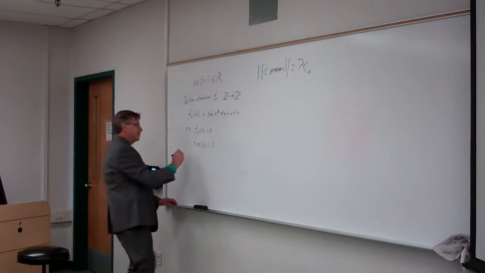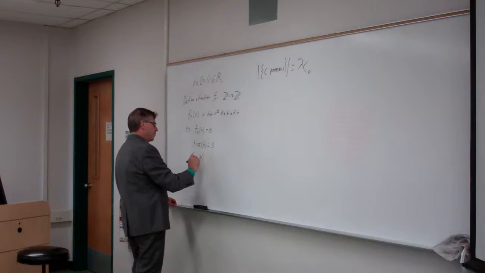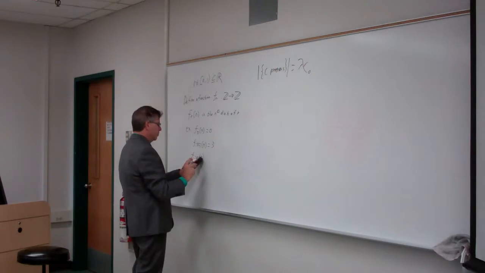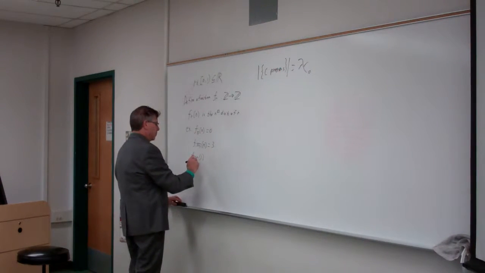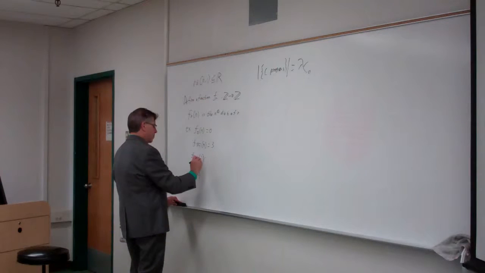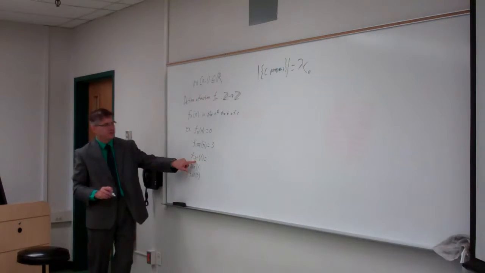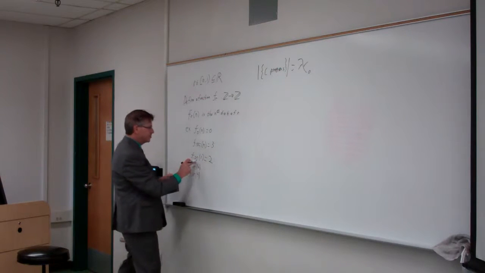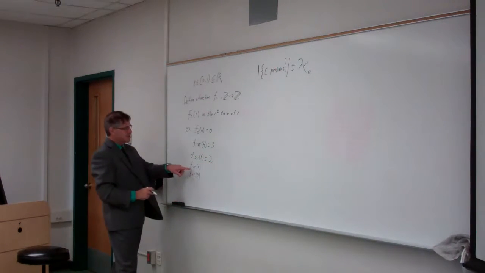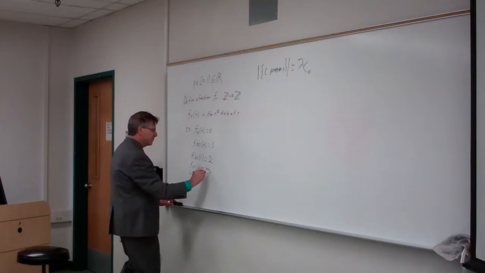The function f.25: well, the first digit of 0.25 is equal to 2, so this function will map 1 to 2. The second digit of 0.25 is 5, so this function maps 2 to 5.